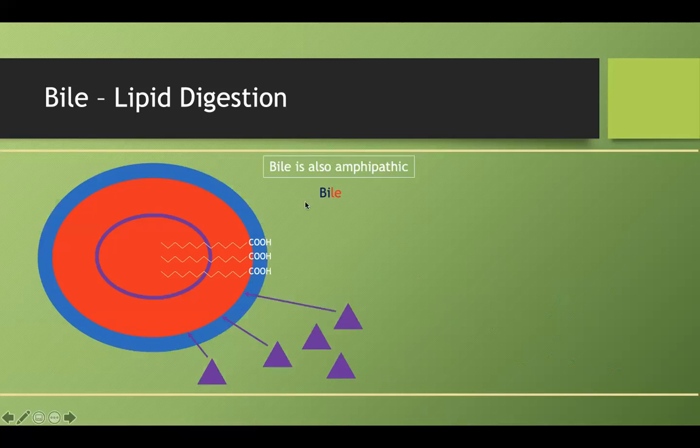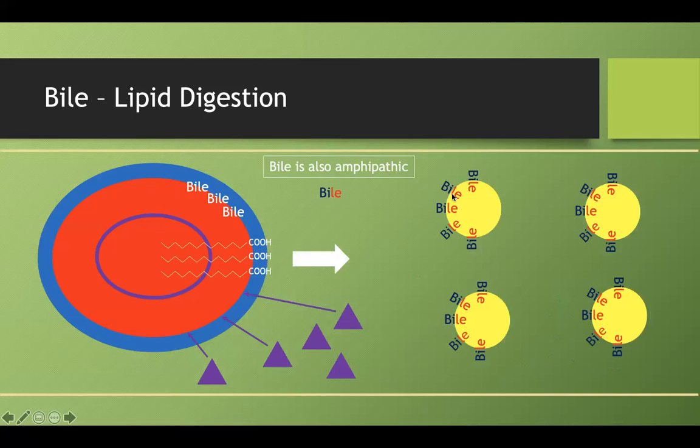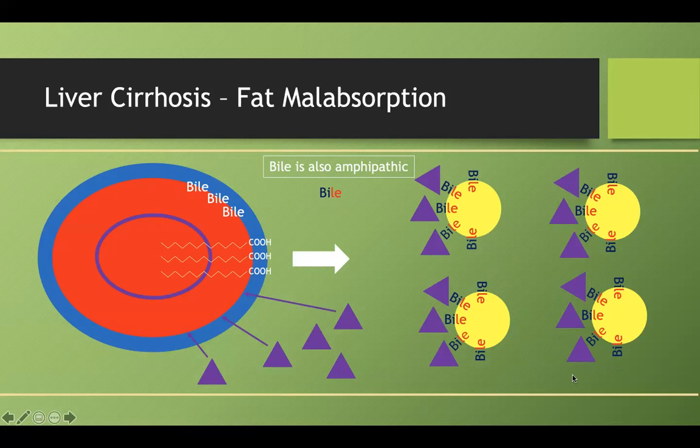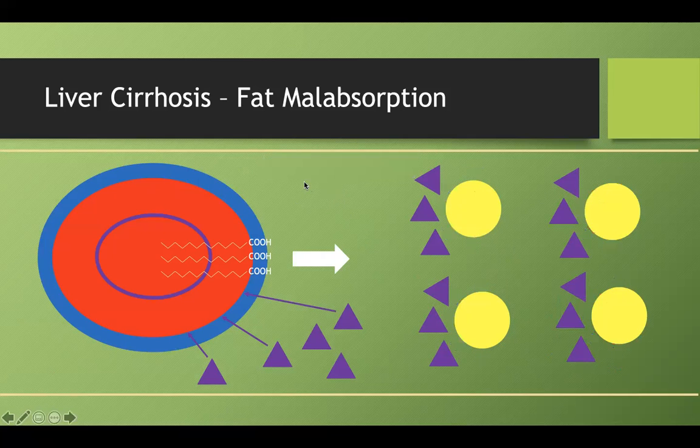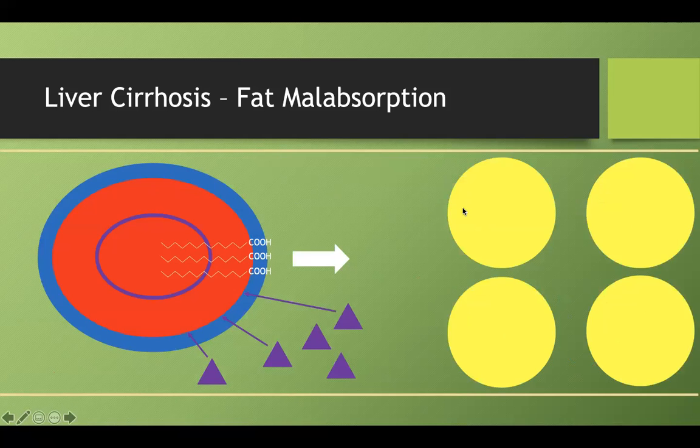The good thing is that bile is amphipathic, so bile can come in here and convince these globules to split up into several smaller globules because the bile is emulsifying it. In this way, the pancreatic enzymes have a much easier time with achieving more enzymatic breakdown and more surface area. The problem is in liver cirrhosis, if we're not producing any of this bile, then these globules don't get emulsified and they stay big and you get fat malabsorption.